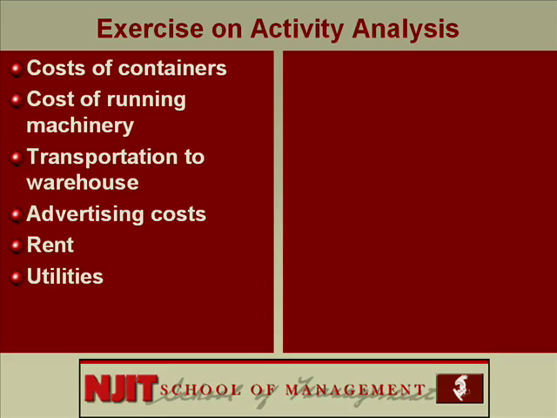Cost of containers for the dog food or cat food, if you said unit level, you got it right. This is because the cost of the containers go very directly with the units made. Cost of running machinery, if you said unit level, you got it right, because the machinery running cost increases with the number of units made.